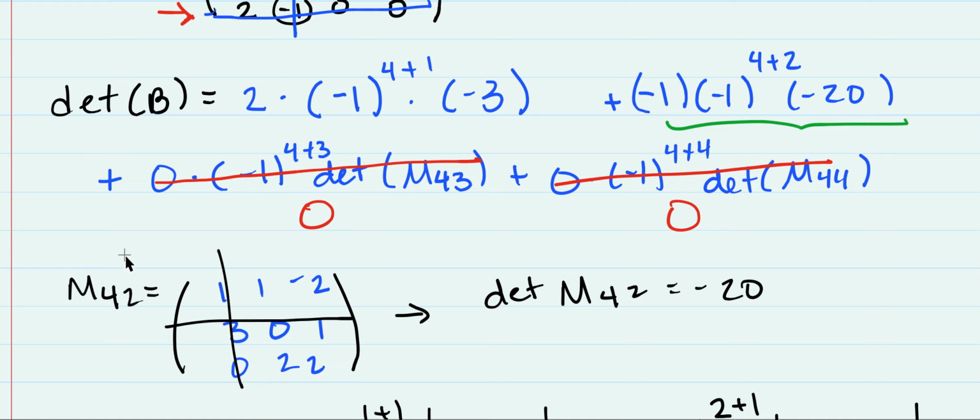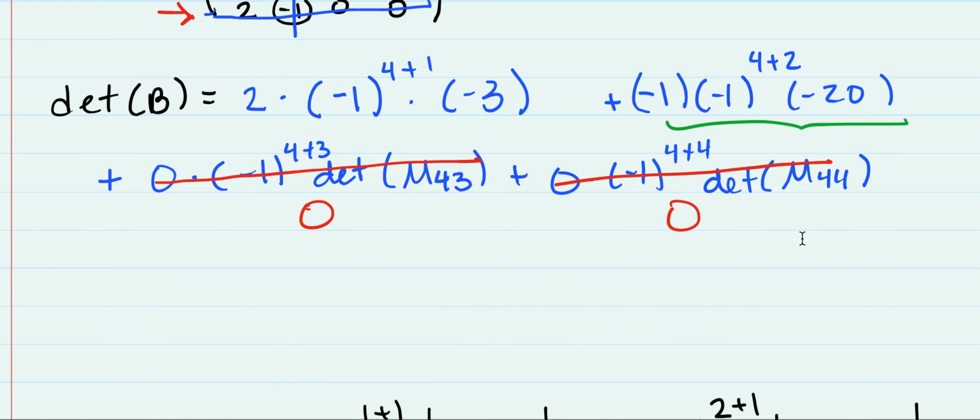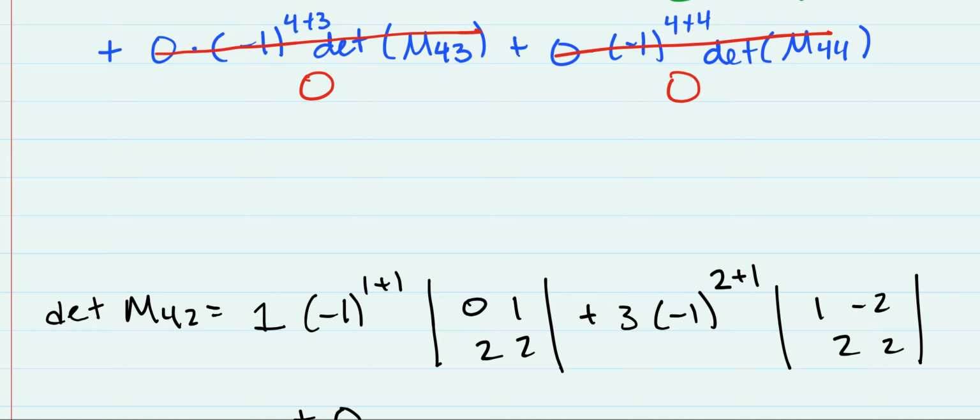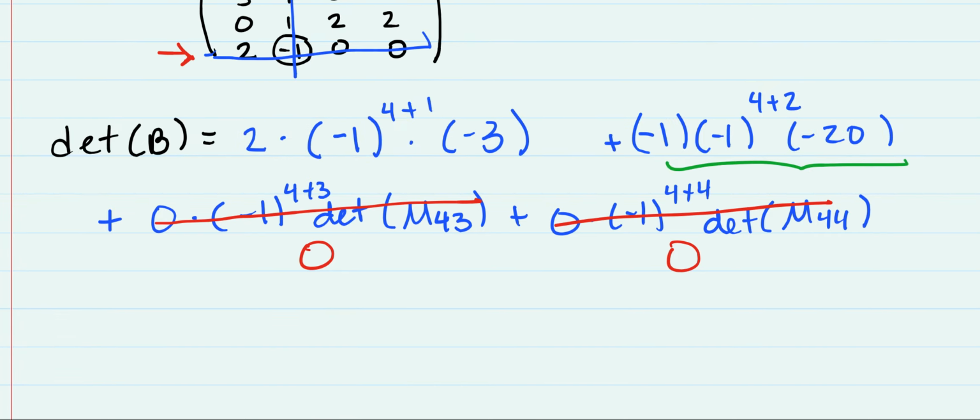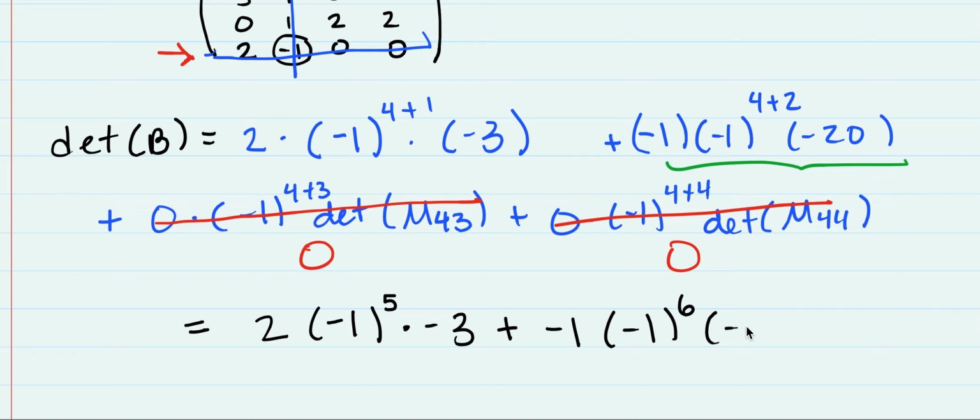Okay, now I think we're ready to calculate the determinant of the big 4x4 matrix. So this is 2 times negative 1 to the 5th times negative 3, plus negative 1 times negative 1 to the 6th times negative 20.